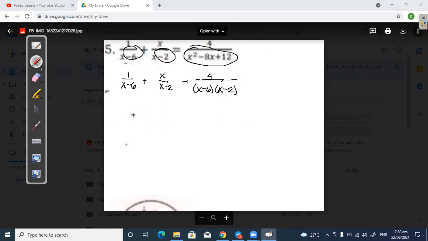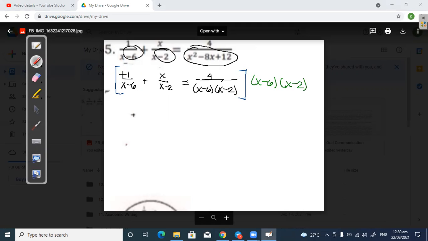Okay, so, change color. Ayan, so multiply natin both sides. Anyway, para ma-clear yung equal sign, ayusin natin. Okay. So, multiply tayo both sides by x minus 6, x minus 2.